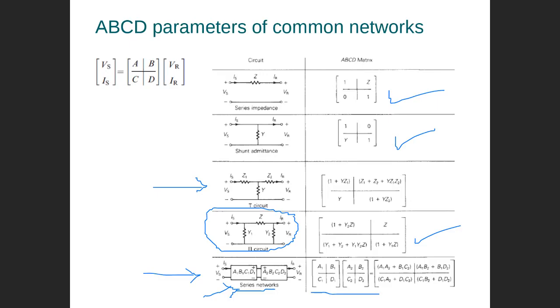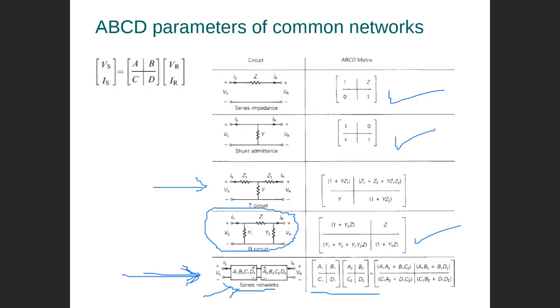So we have a sending end and receiving end, and then another sending end and receiving end. The receiving end of the first circuit will be the sending end of the second circuit, and so on. So we can do it this way. But do we need to remember this? No, you don't need to memorize this part.